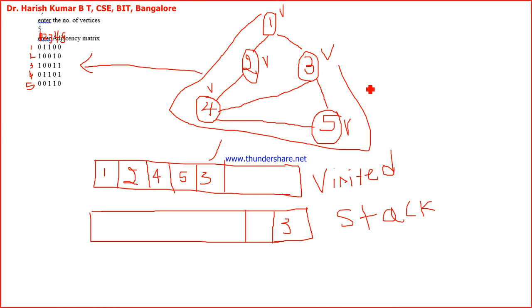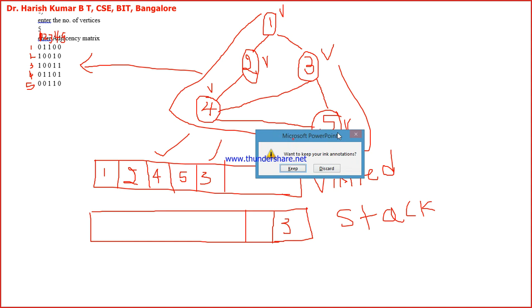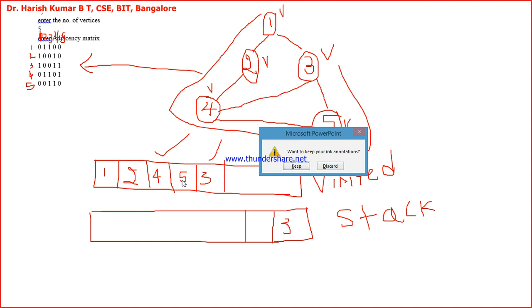Yes, sir. Okay. Now when I take 1 as the starting node, this is the sequence the program should produce for me. Now we'll go to the program. So one of you just make a note of this sequence: 1, 2, 4, 5, 3.